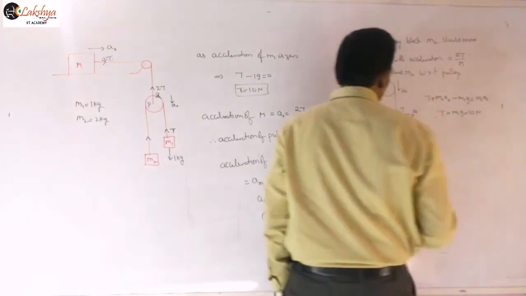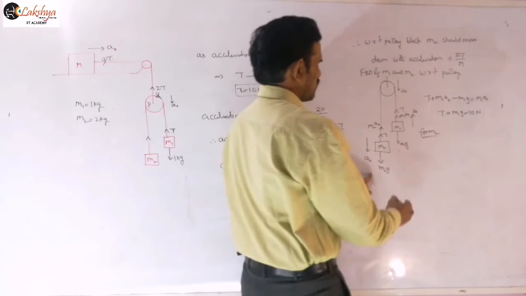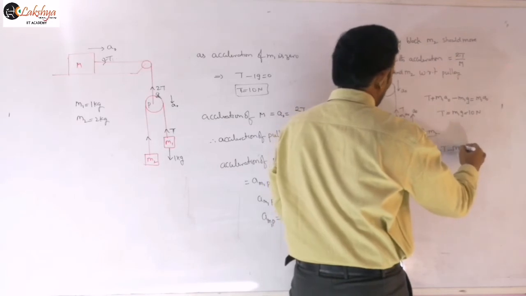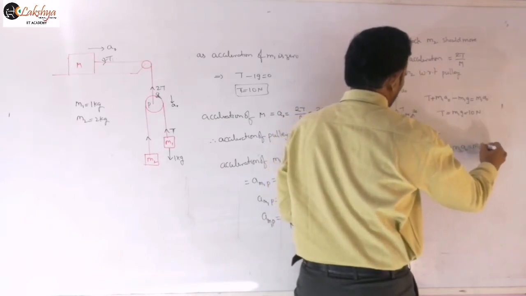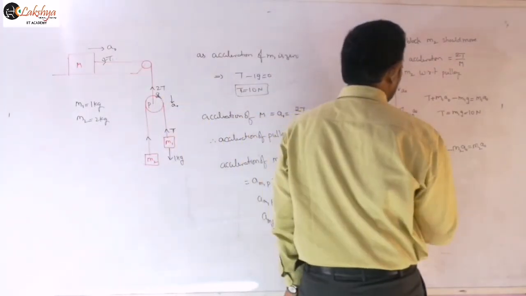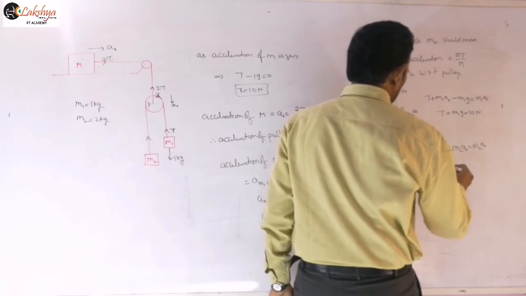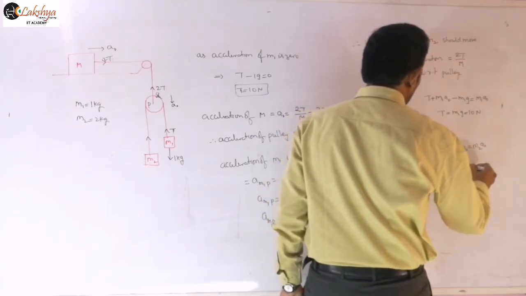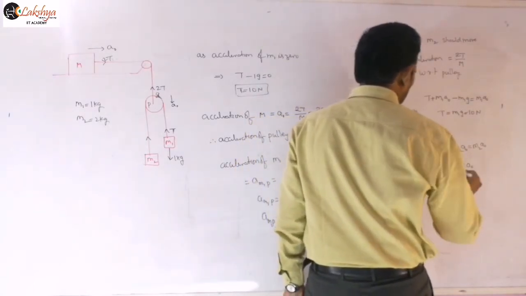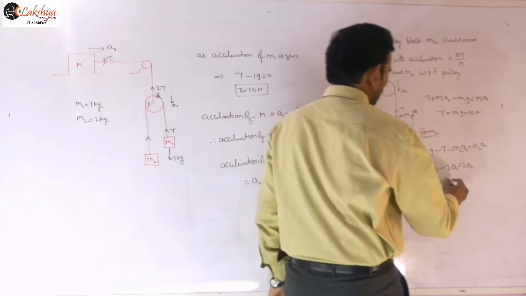Let us take now M2. So for M2, if I consider that force equation, then this block is moving down here: M2G minus T minus M2 A0 is equal to M2 into A0, right? And so therefore you can write this equation by substituting those values. M2 is 2 is given, so 20 minus T is 10, minus 2 into A0 is equal to 2 into A0, and so therefore 10 is equal to 4 into A0.